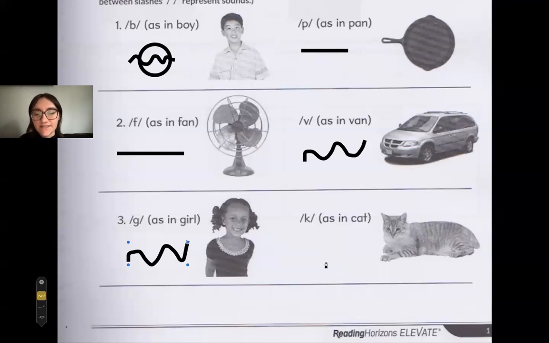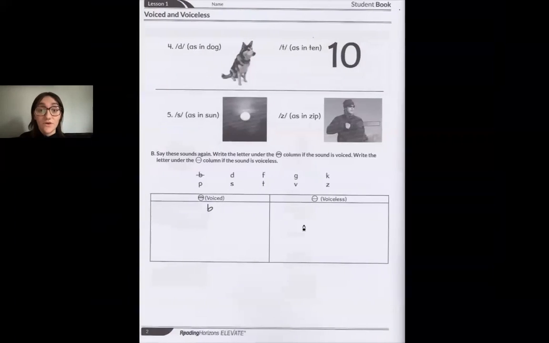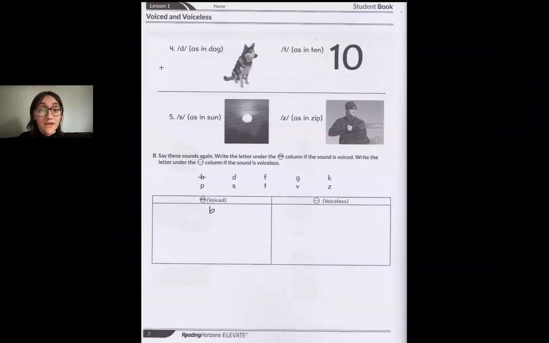It's voiceless, it's flat. Remember that when it's between these slashes, it's talking about the sound and not the letter, because in English we have letters that can make the same sound. C and K can make the same sound.